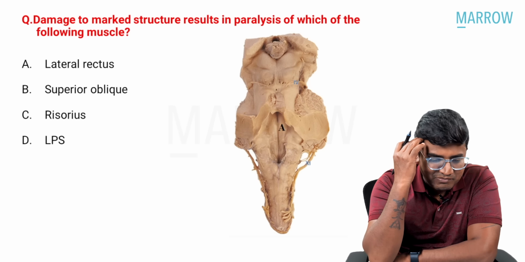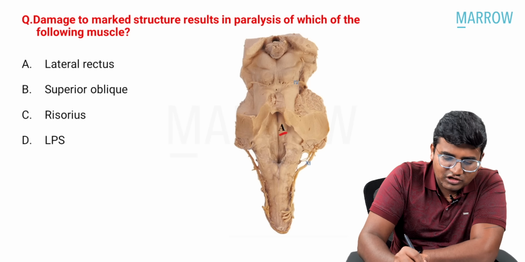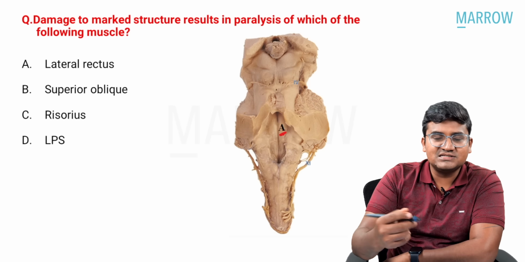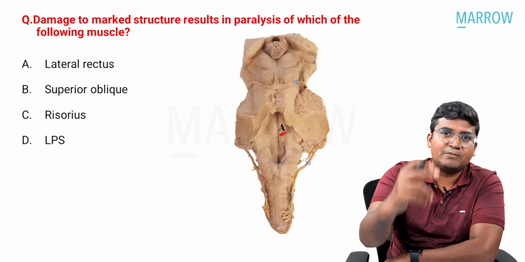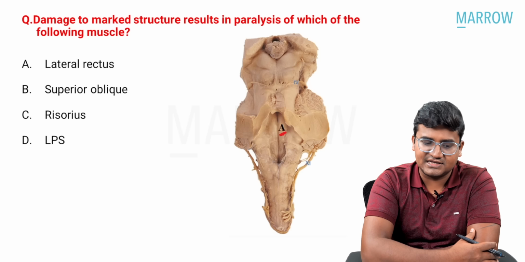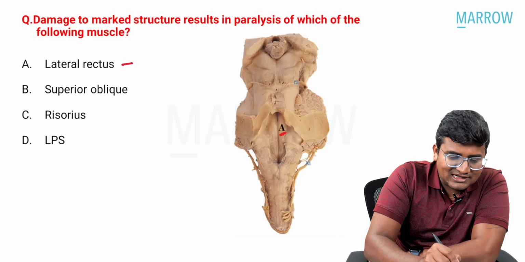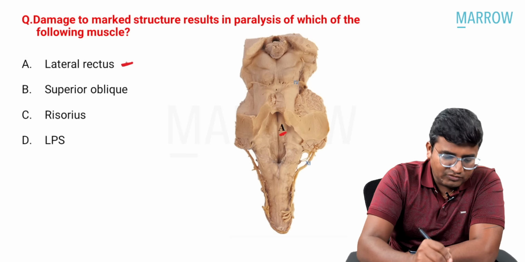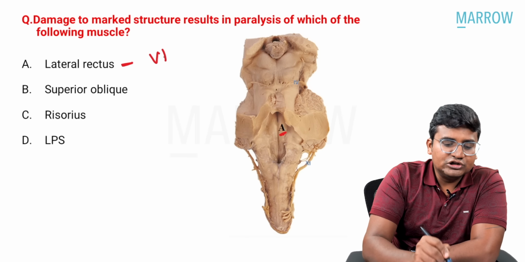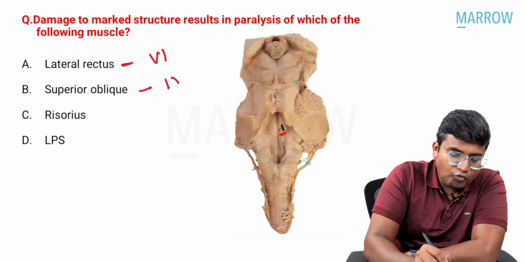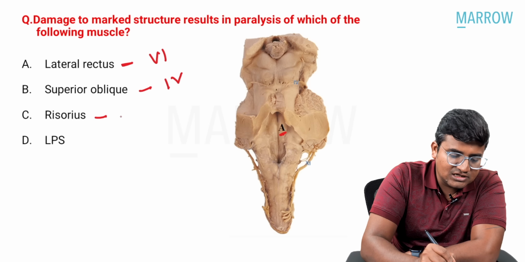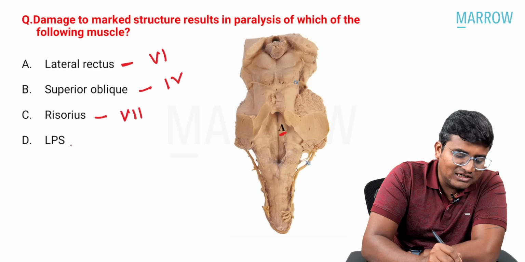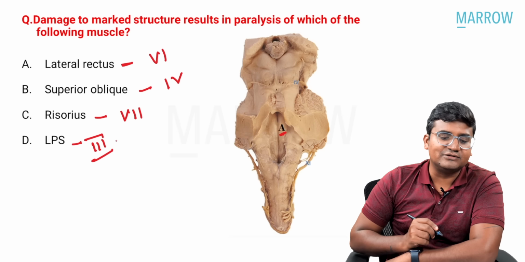Now we have damage to the facial colliculus. Facial colliculus is marked. So which means that the facial nerve axons are gone, which means that muscles supplied by the facial nerve are paralyzed. Now lateral rectus is supplied by which nerve? Very good. Sixth nerve. Superior oblique is supplied by the fourth nerve, trochlear. Risorius, a muscle of the face, is supplied by the seventh nerve. LPS, levator palpebrae superioris, is supplied by the third nerve.